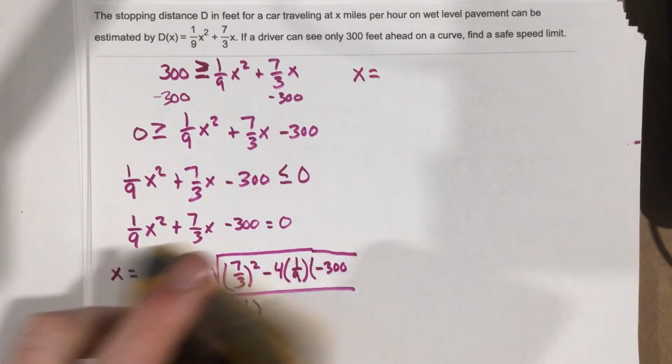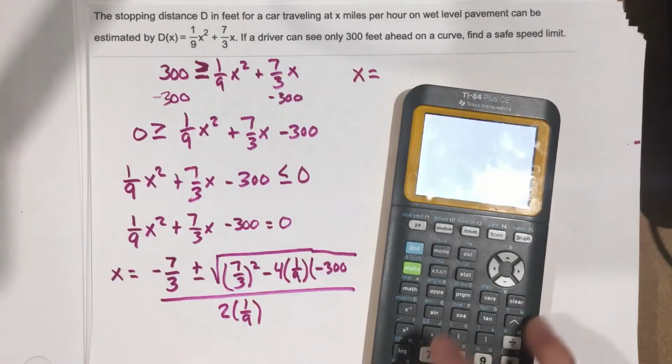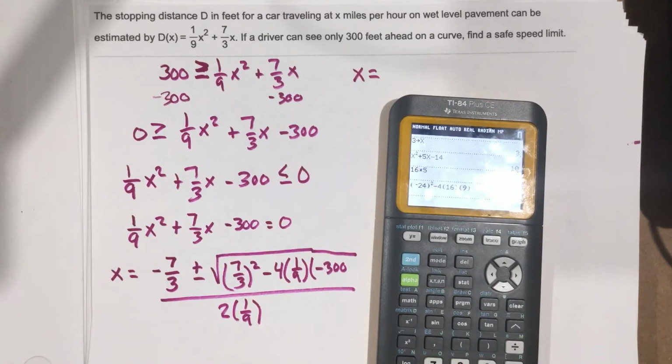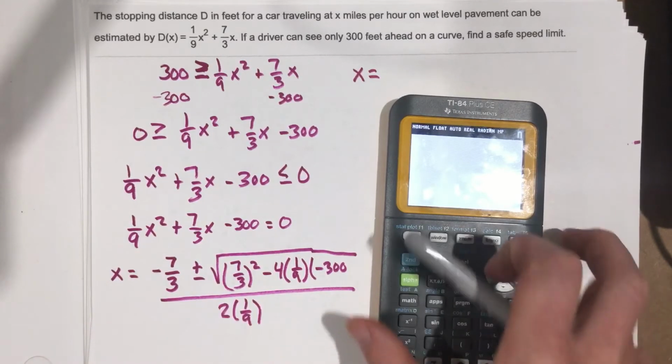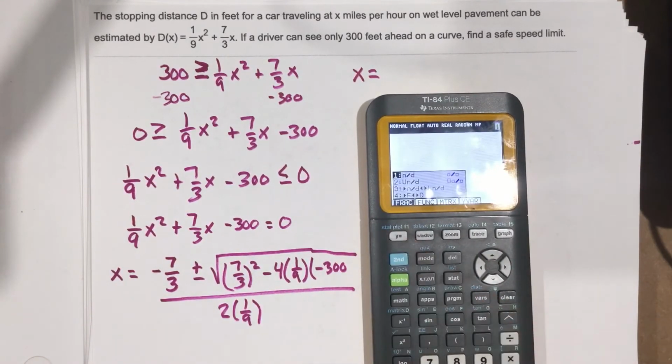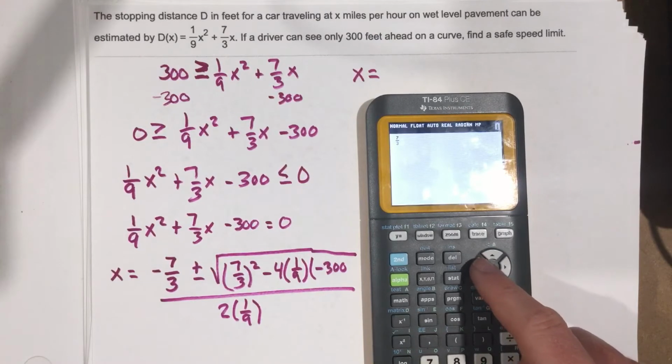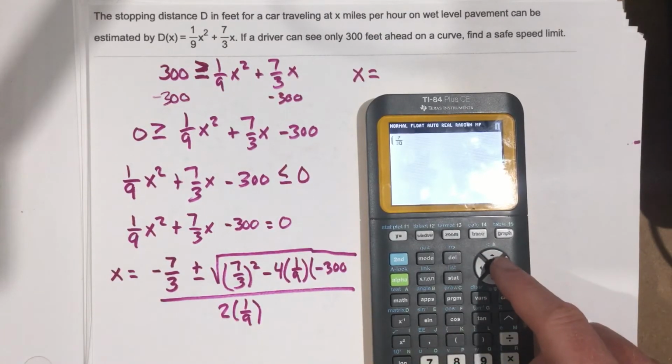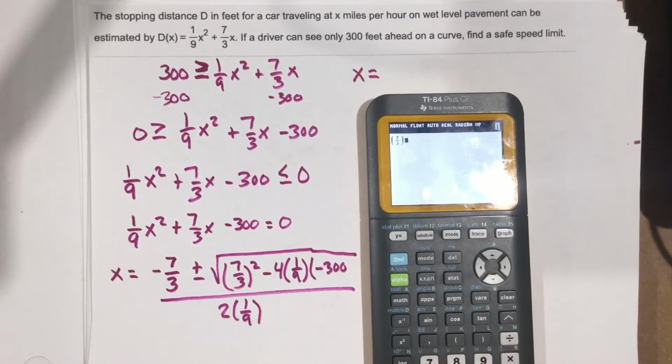So using my calculator, we're going to plug in 7/3. I'm going to use the fraction button and write 7/3, and I'm going to insert these parentheses, so I'm just going to write it just as is.